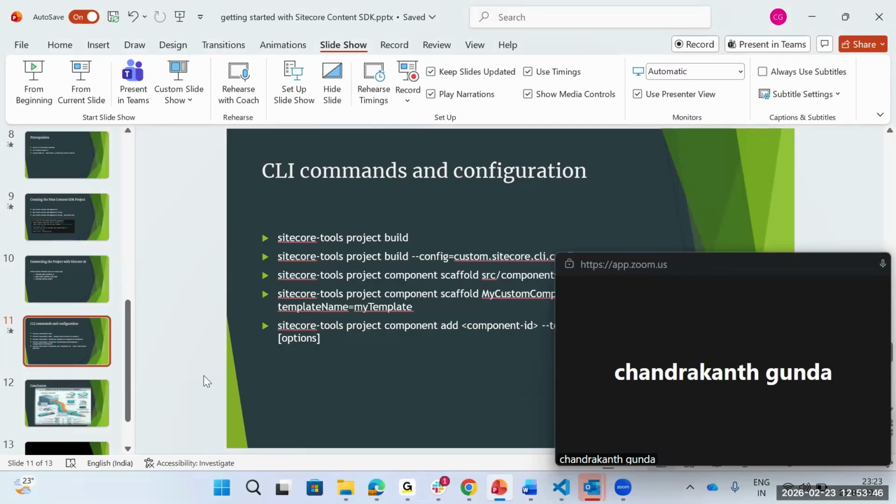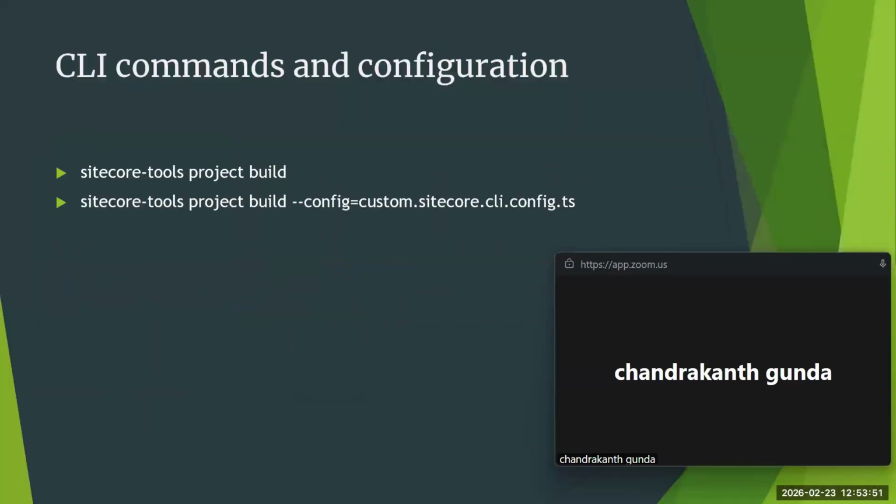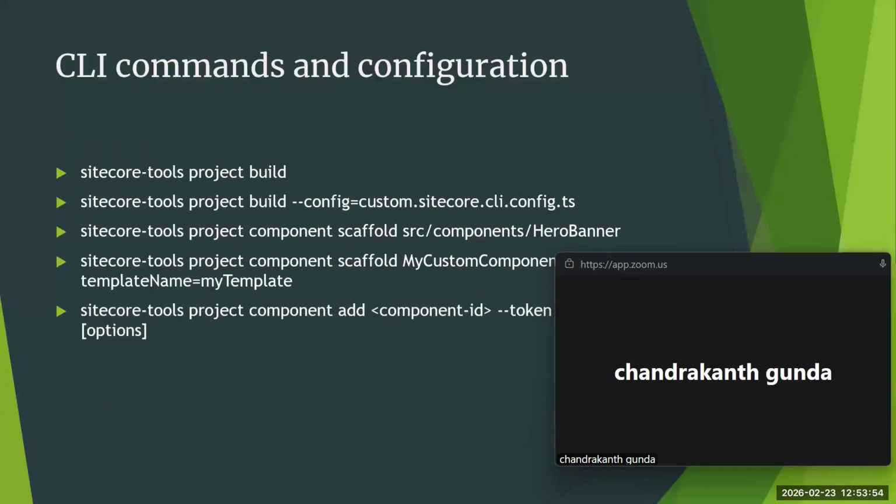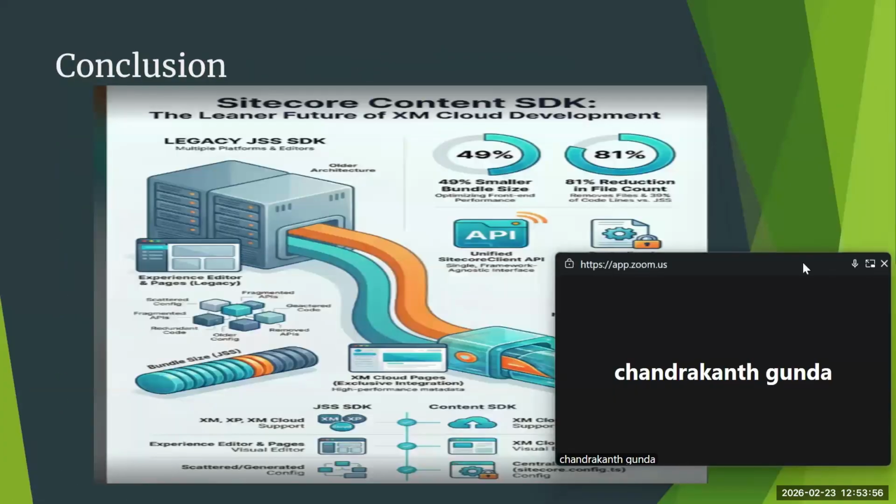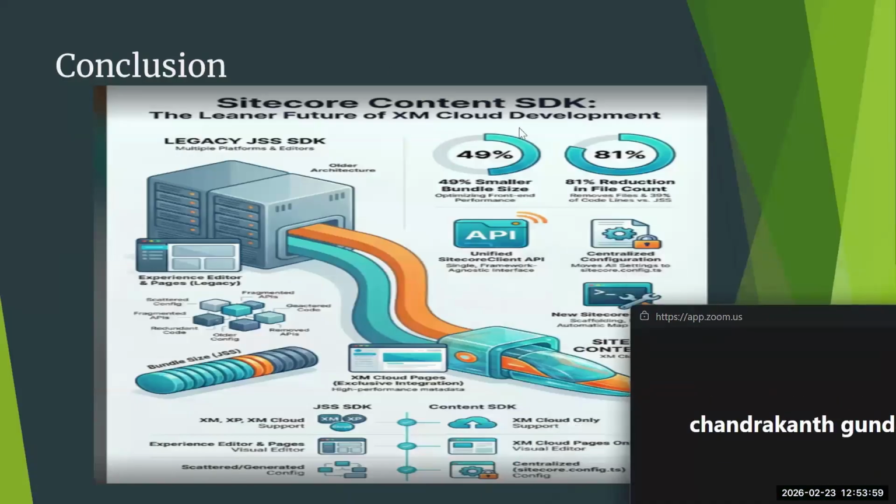So overall, if I wanted to simplify exactly whatever we have covered here, content SDK is nothing but the lighter version of JSS, by removing all the unnecessary parts and by introducing an AI first approach, and unified, reducing the confusion using the unified client API, and improving the build and delivery time using centralized configuration.